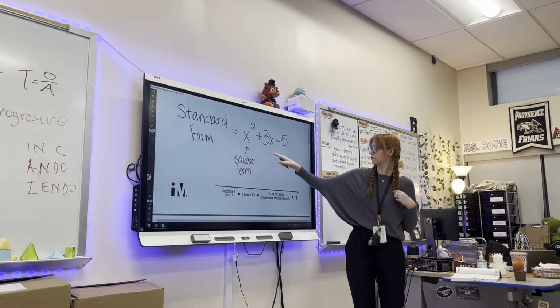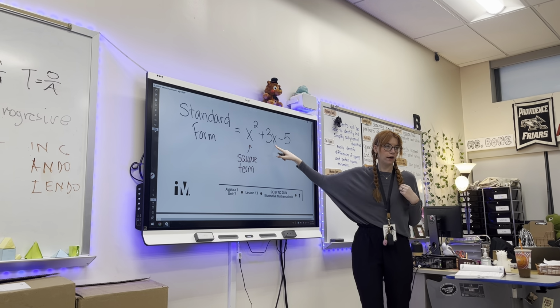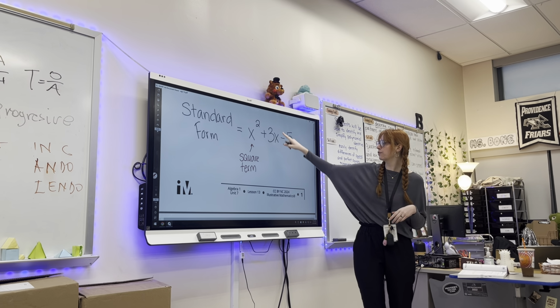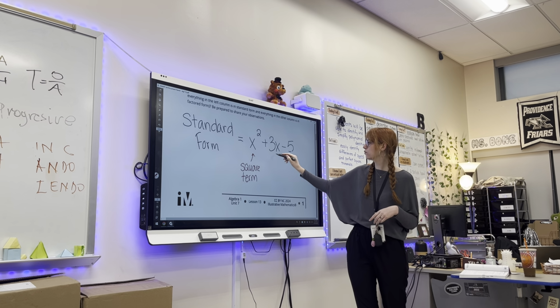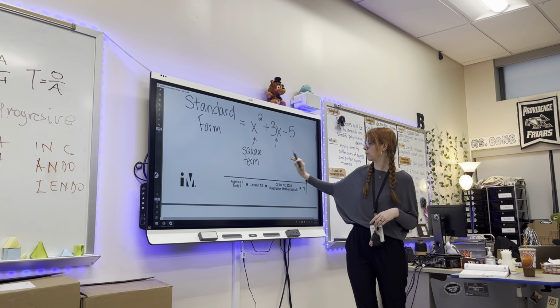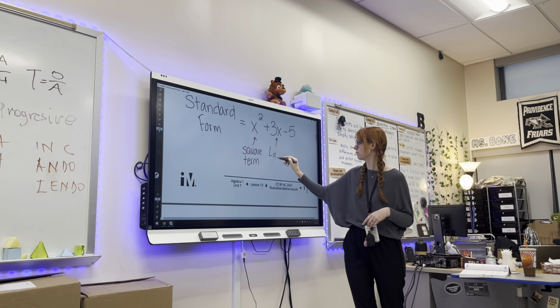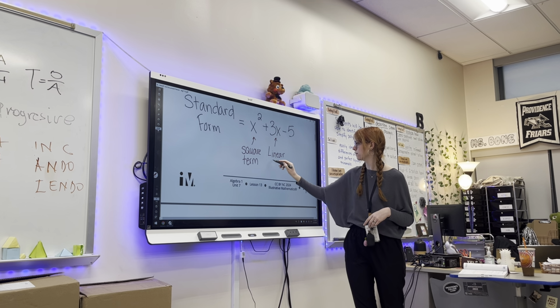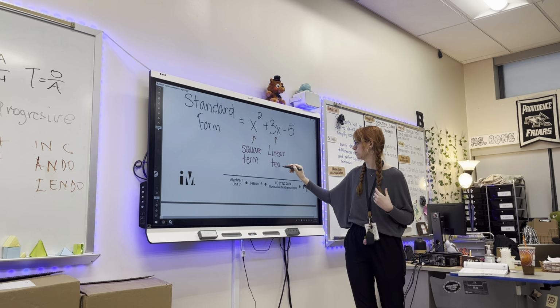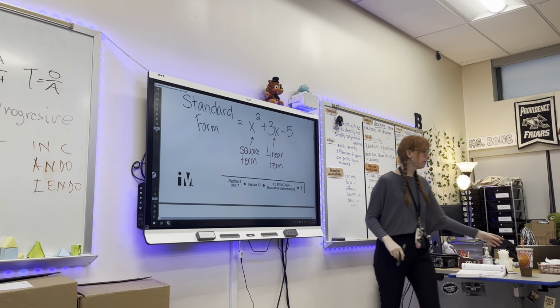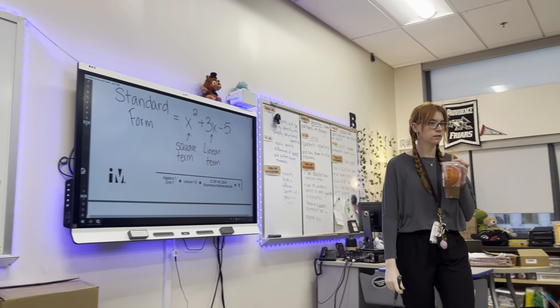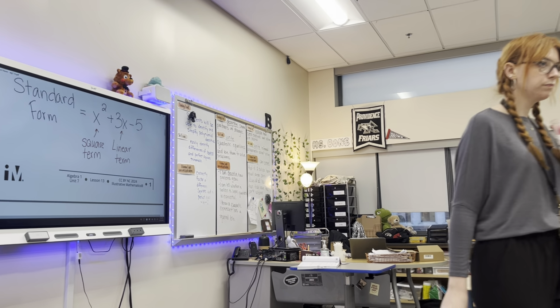Anybody that has an x on it, like this one without the 2, is called the linear term. Where have we seen the word linear before? On graphs.